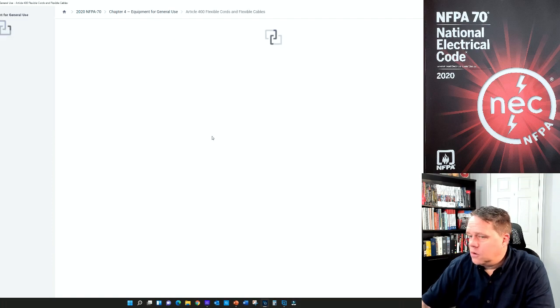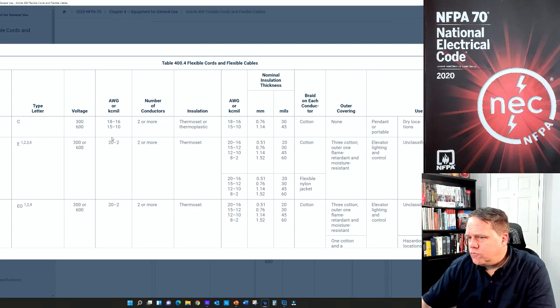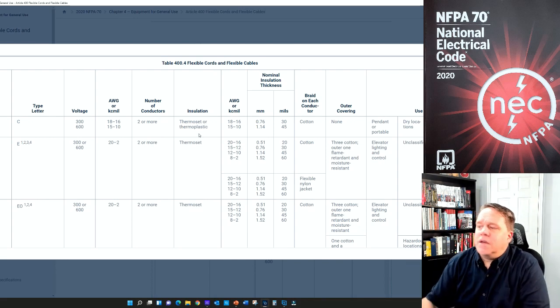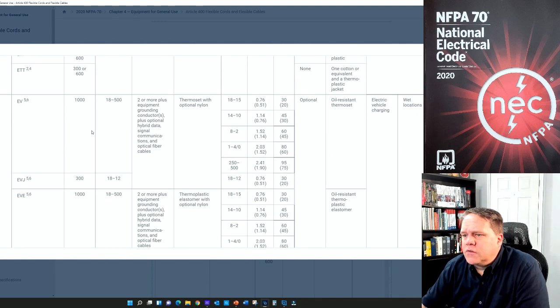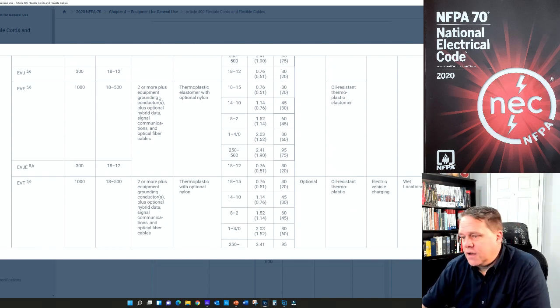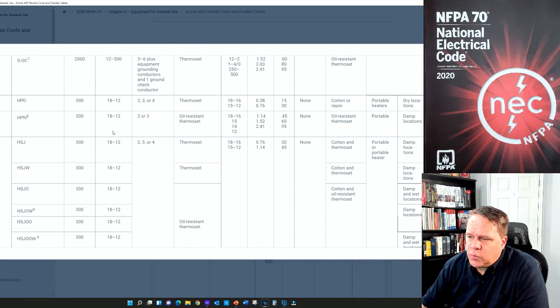And then let's go to table 400.4 for our cords. Scroll on down here. And this is where we're going to find the characteristics for flexible cords. Lamp cord type C, for example. Let's keep on scrolling down here. EV is electric vehicle cable. Might have guessed that one. G is portable power cable. That's worth knowing about.